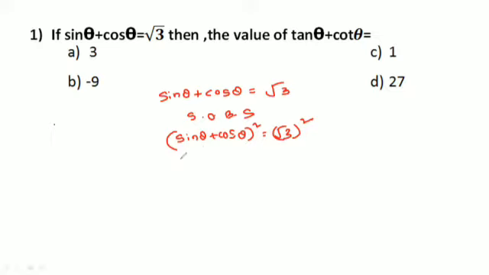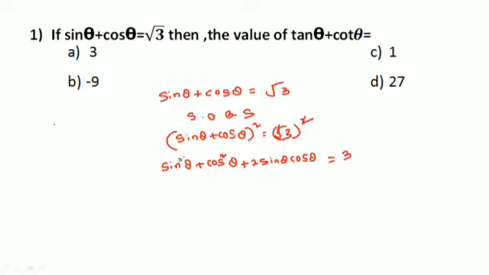A plus b whole square is equal to a square plus b square plus 2ab. So sine square theta plus cos square theta plus 2 sine theta cos theta is equal to 3, as the square and root get cancelled.